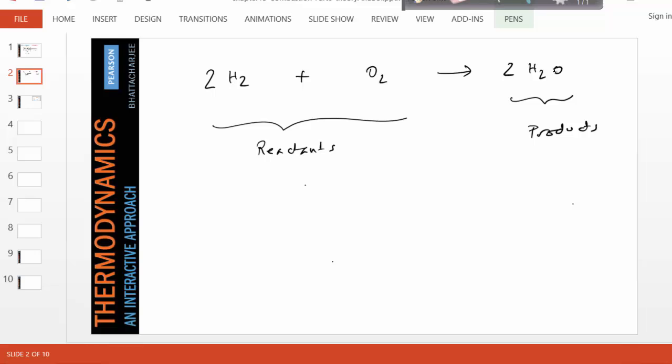Let's take a look at the same reaction from the point of view of engineering, especially combustion. So when you look at the same reaction, the reactants are hydrogen and oxygen, products are H2O. Then a chemist will look at this reaction and say there are 2 hydrogen molecules reacting with 1 oxygen molecule. But as engineers, we know we cannot really get single molecules.